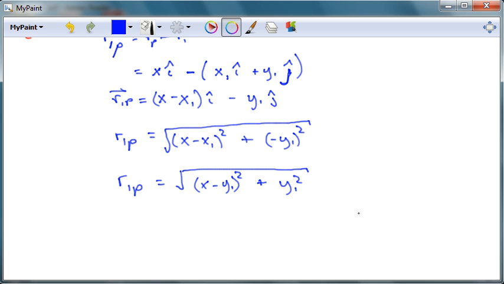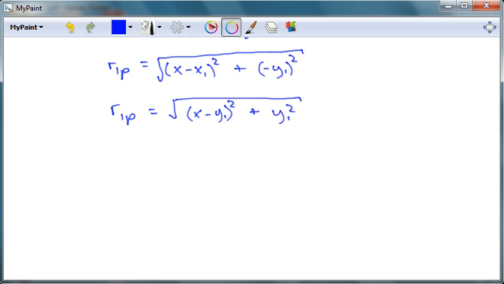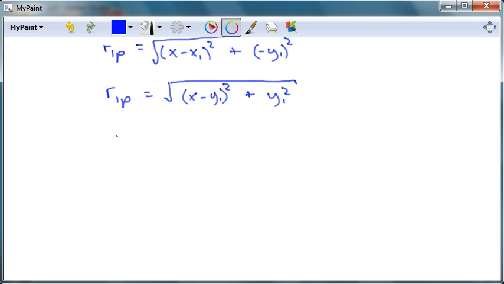Alright, so we can consider R1P known at this stage, and now the force F1, the total force, is going to be k Q1 times QP divided by R1P squared. QP is the charge of the particle that's free to move around, and Q1 is the charge of that one of those four particles.